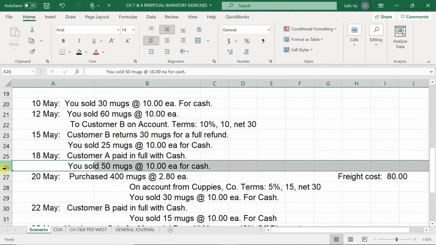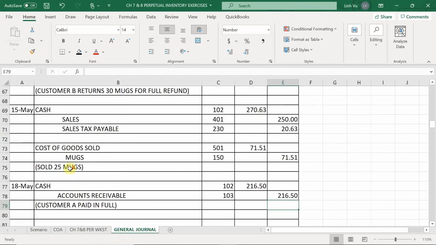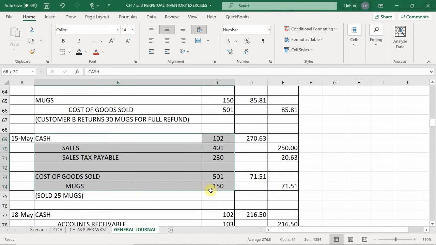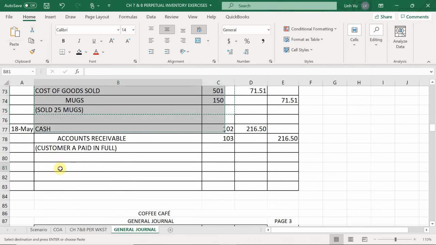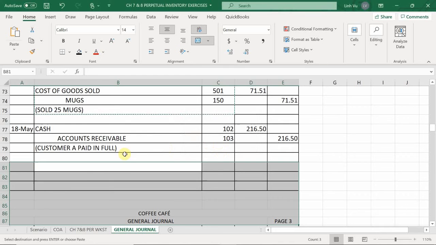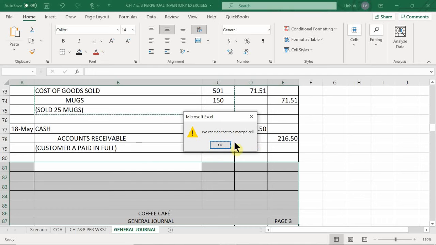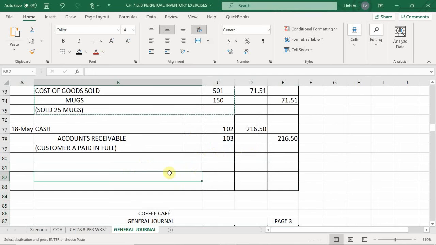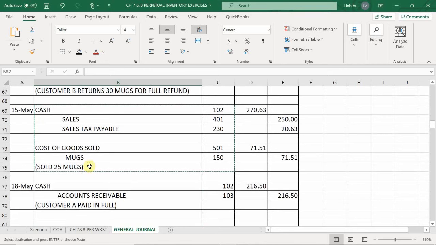We also sold more stuff. You also sold on top of that 50 more mugs at $10 each for cash. Oh, okay, that's right.